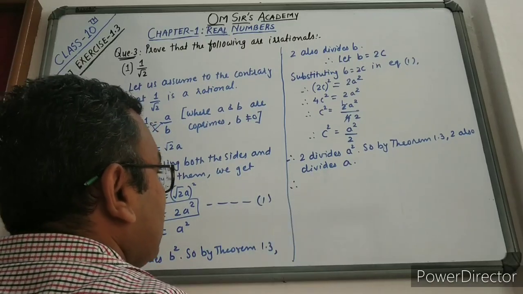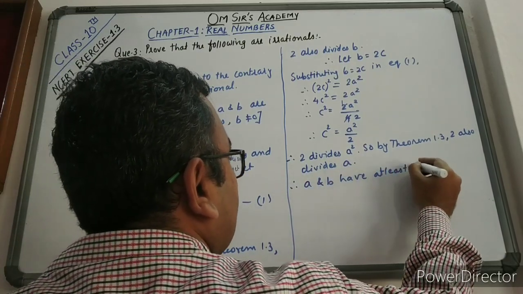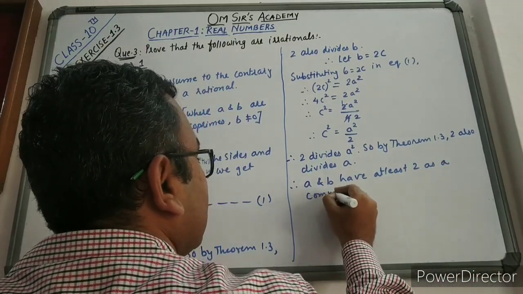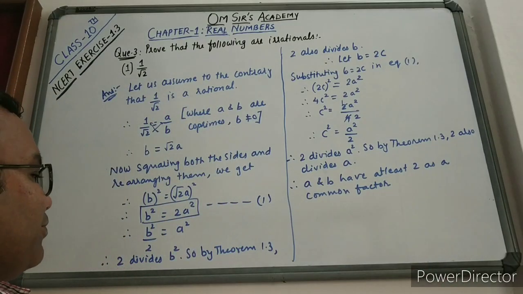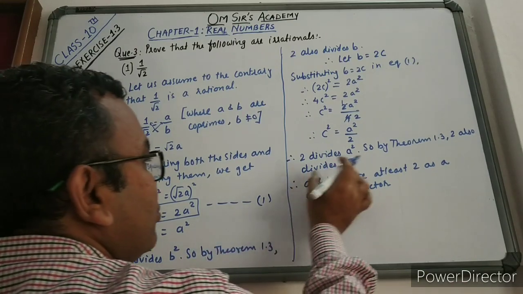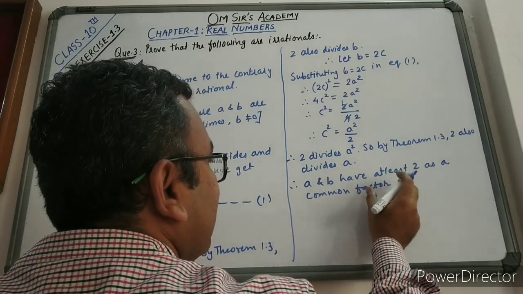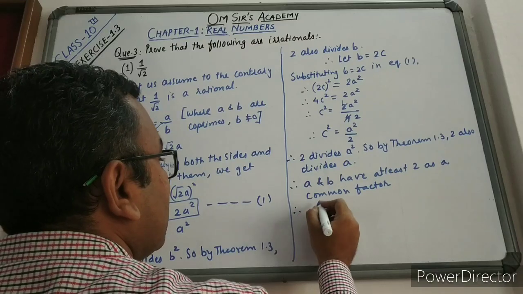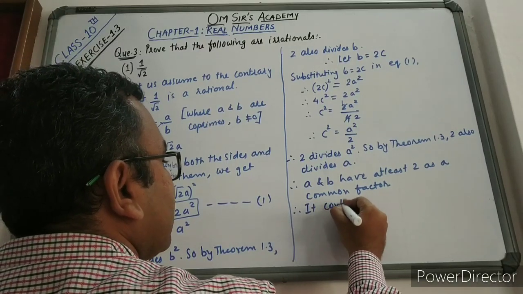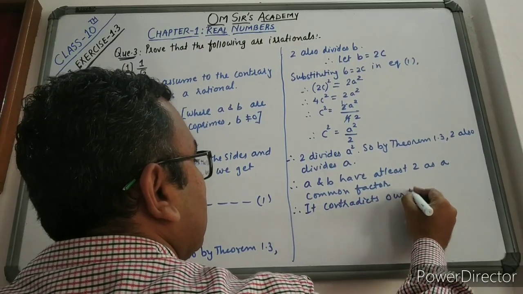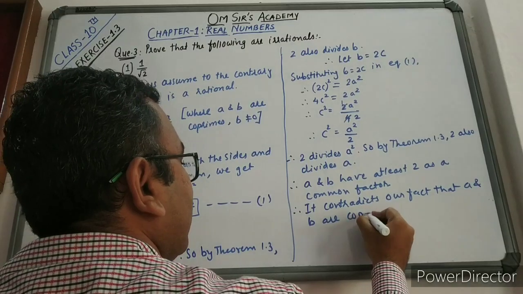So therefore a and b have at least 2 as a common factor. ठीक है, a and b में minimum 2 जो है वो दोनों में common factor है. Why? Because 2 divides b and 2 divides a. So a and b both are divisible by 2, so that means a and b have at least 2 as a common factor. So therefore our assumption contradicts our fact that a and b are co-primes.